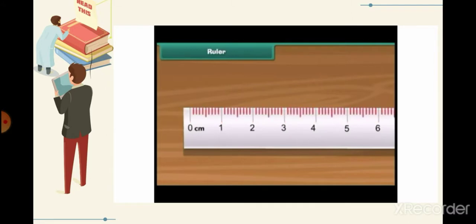The longer ones are centimeters while the smaller ones are the divisions of centimeters. Here is 2 centimeter and this is half centimeter. So this is 4.5 centimeters.